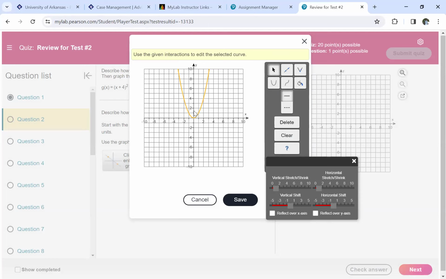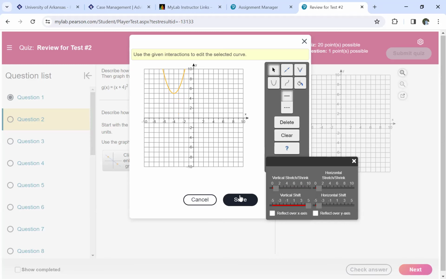I said we went left 4, so that would be a horizontal. You're going to move that over to -4. And notice it moved that parabola left. And then the +5 at the end would be vertical. So we would take that over to a +5. And notice it moved the parabola up for us.